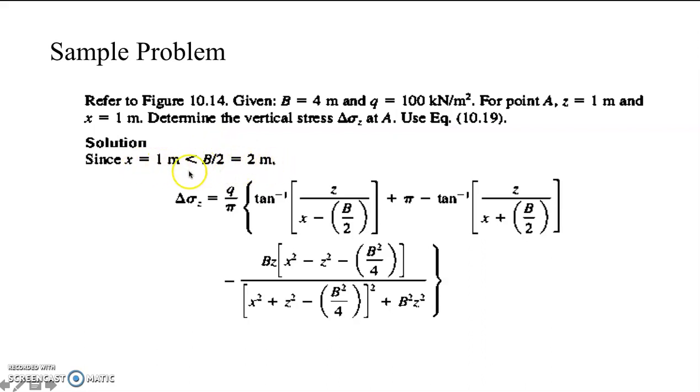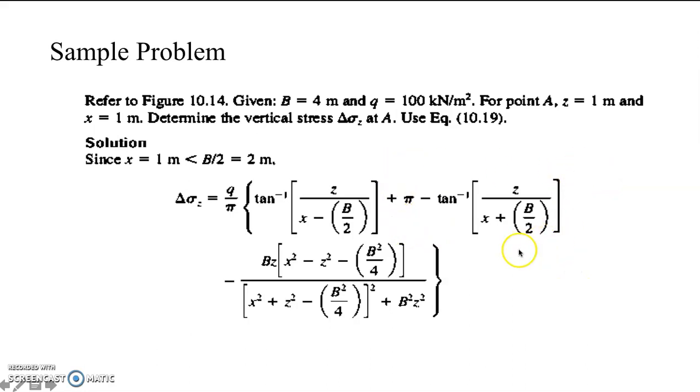So x is less than b all over 2. Based on our rule, we have to replace the second part of our equation by this one.